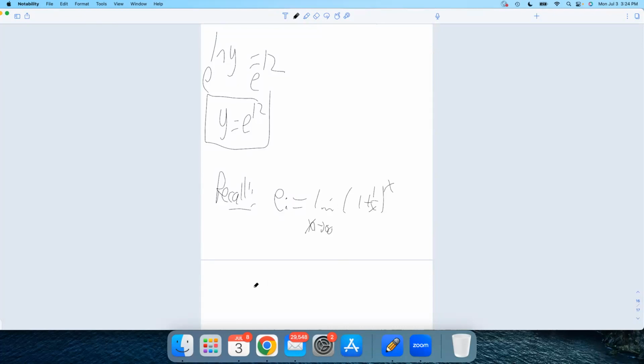So if I were to say e squared, all that is this thing squared. That would just be the limit as x goes to infinity of 1 plus 1 over x to the 2x. Because all I did was take this thing and square it. How do you raise a power to a power? You multiply.